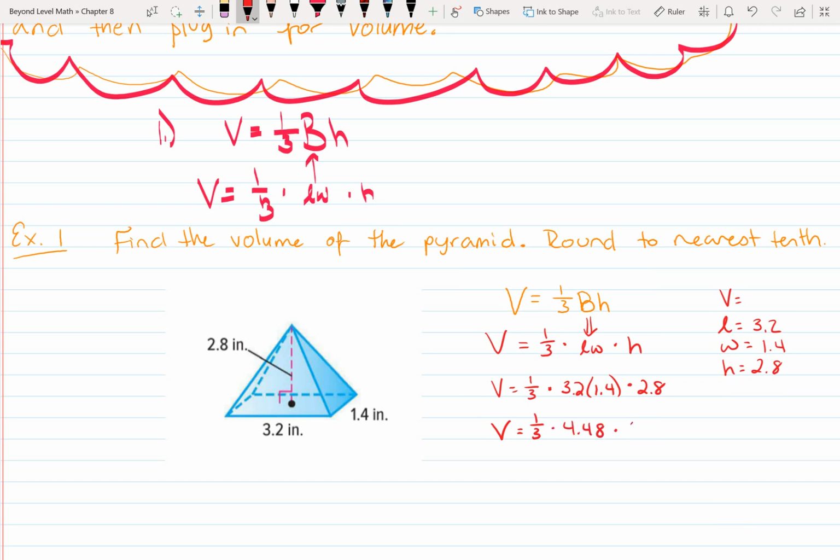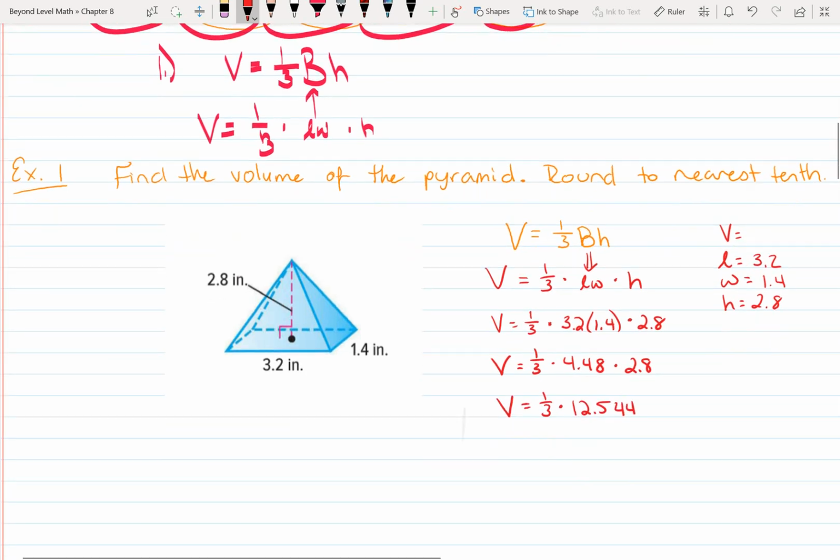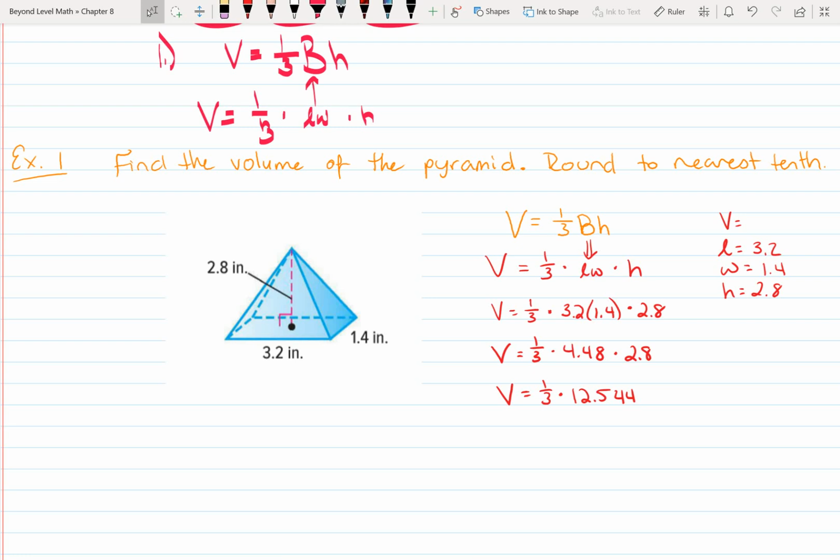Remember, do not round until the very, very end. Then 4.48 times 2.8. I multiply by the 1/3 last. Equals 1/3 times 12.544. Now, be sure in your calculator, do not convert 1/3 to a decimal. You have to multiply that 12.544 times 1/3.